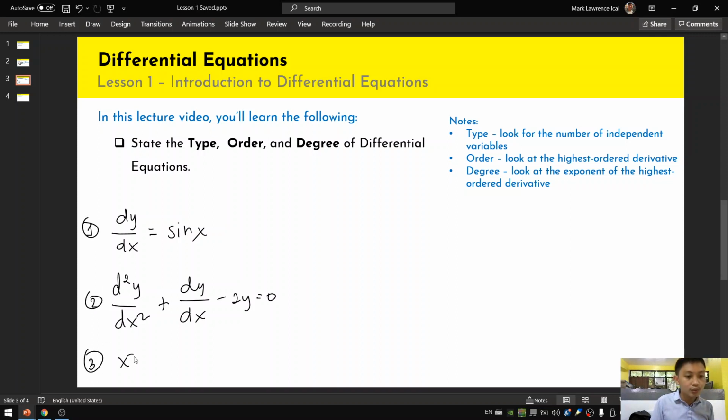Let's say we have x squared y, d squared y over dx squared raised to 5, plus dy over dx plus 2 equals 0. What else? We have 4.